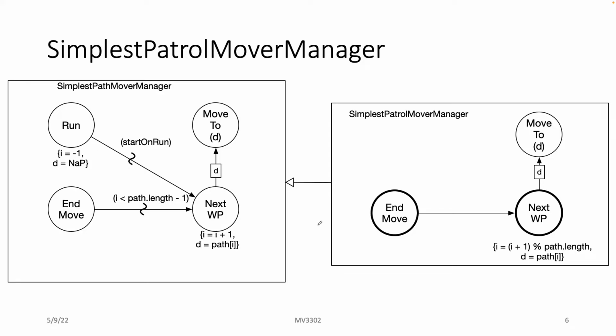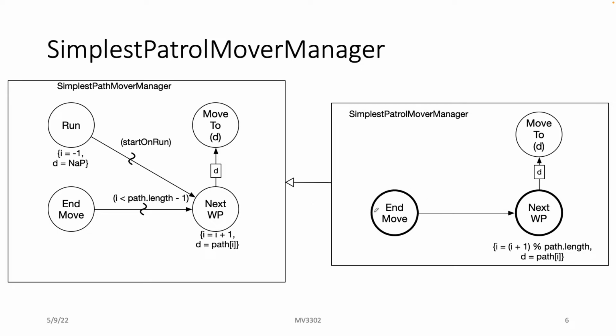Well, now remember, notice the connector here. This isn't a listener, this is a subclass, and because of the size of these things, I had to do it sideways. So the patrol mover manager is a subcomponent of the path mover manager.